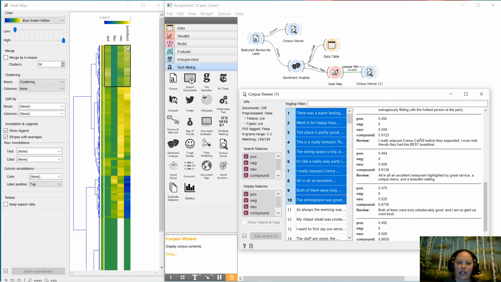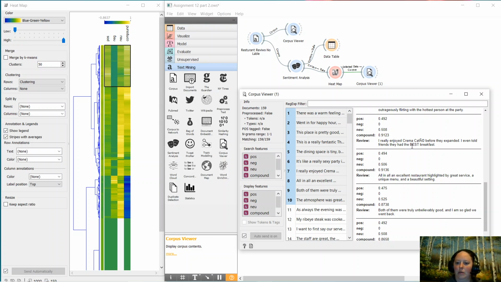The compound answer here is going to be yellow, for the most part. You can see there's green ones in here. Let's see, "I really enjoyed this cafe before they expanded. I even told friends they had the best breakfast." So it's 0.5 neutral and 0.49 positive, so a compound of a positive 0.91.